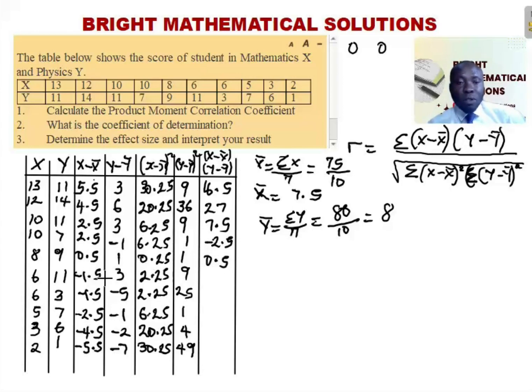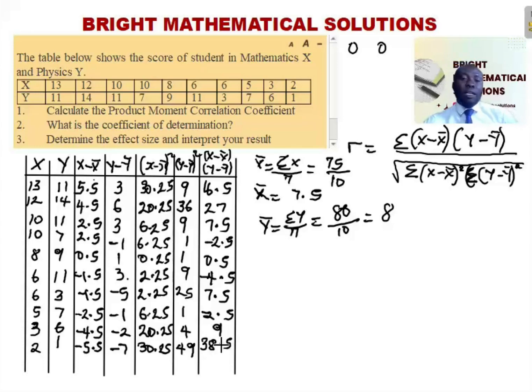Minus 1.5 multiplied by 3, that gives me minus 4.5. Minus 1.5 multiplied by minus 5, that gives me 7.5. So minus 2.5 multiplied by minus 1, that gives me 2.5. Minus 4.5 multiplied by minus 2, that gives me 9.